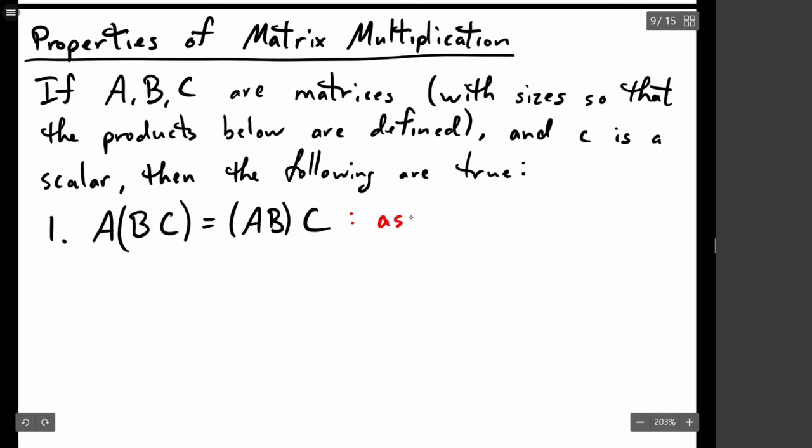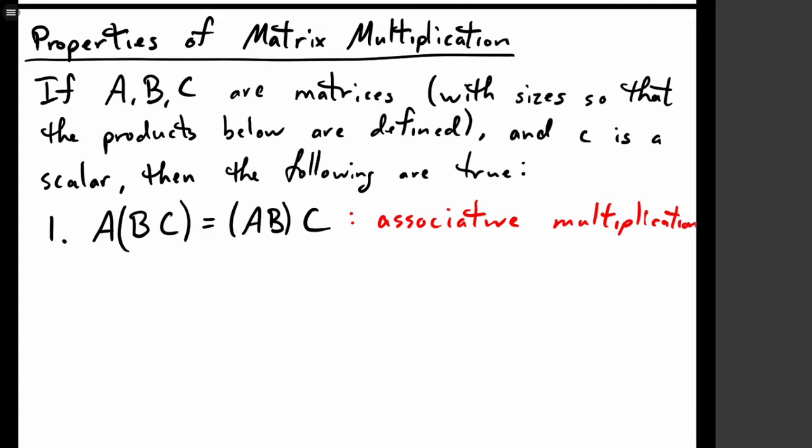Associative multiplication. Now, when I say whatever order we want, the two that are next to each other we can multiply in whatever order we want. So A times B first, or B times C first, and then times the third one.